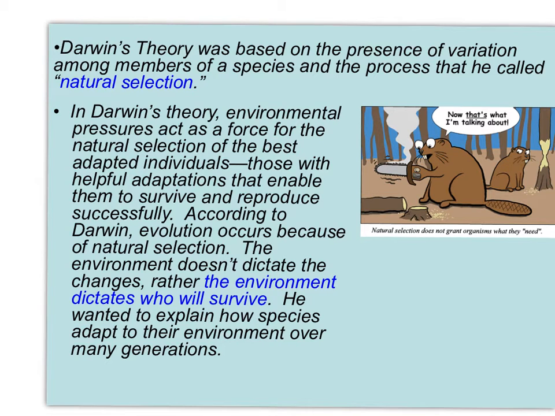So in his theory, environmental pressures forced natural selection, forced nature to select who is better adapted. Okay, environmental pressures could vary depending on the environment and the conditions that were in that environment. If you're in a rapidly changing environment, well, you're going to see rapid evolution. But if your environment doesn't change for a very long time, you're not going to see as fast of evolution occur.